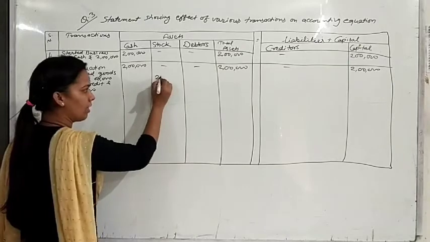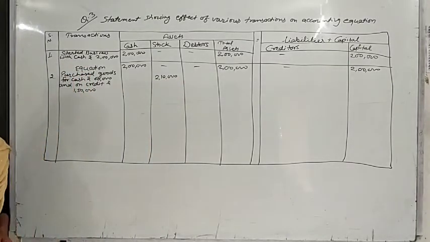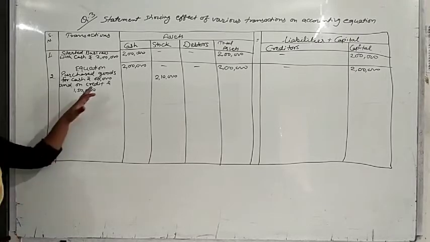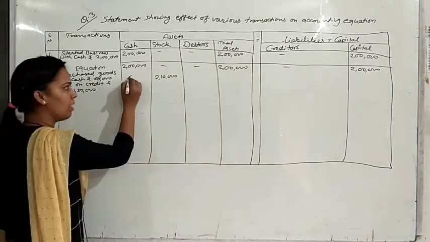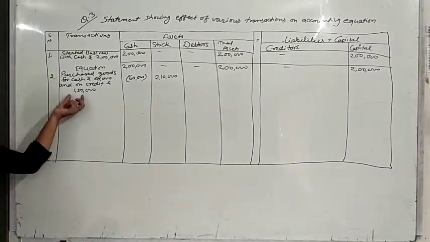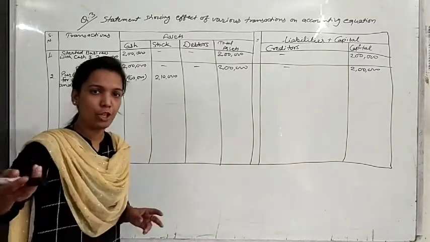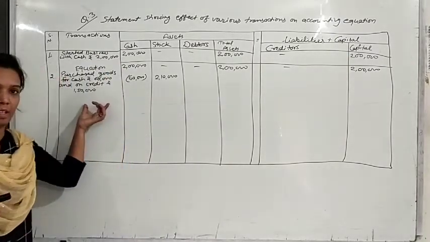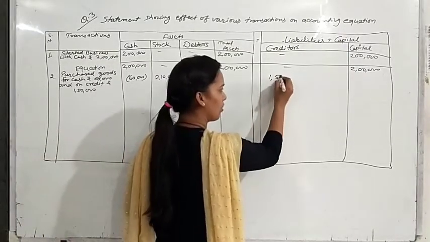So stock will increase by 2,10,000. That is the total stock you purchased. Okay. Now 60,000 is cash purchase. It means your cash will decrease by 60,000. And 1,50,000 you purchased on credit. It means in future you have to pay to your supplier. It means that your creditors increased by 1,50,000.